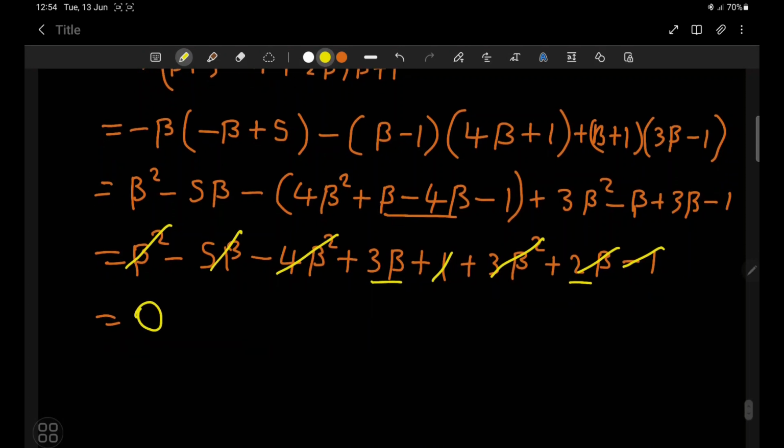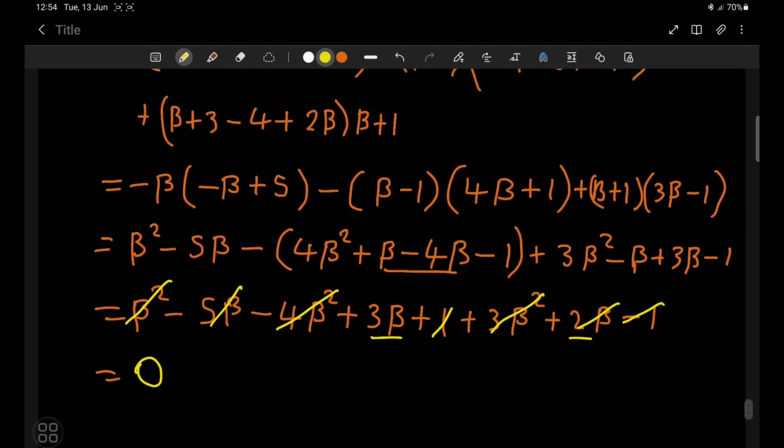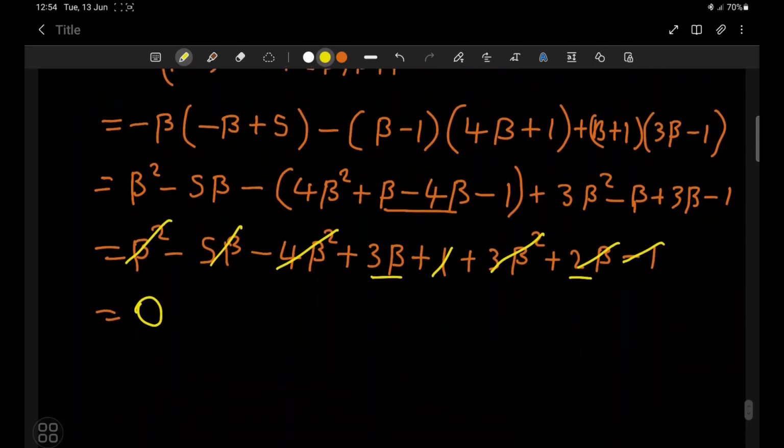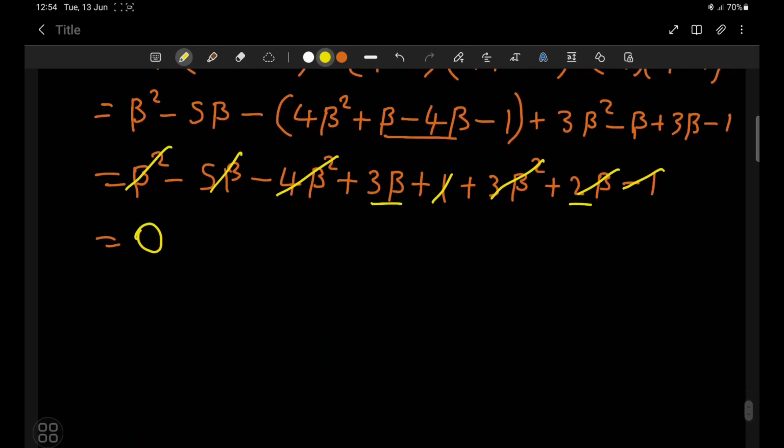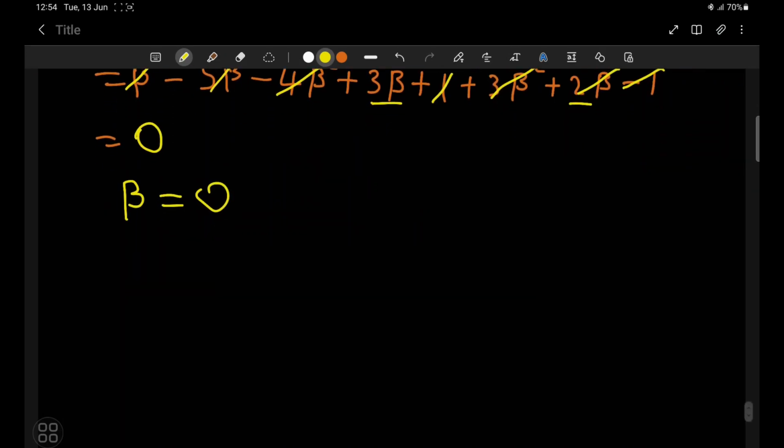So the value for beta that will make this matrix singular is when beta is equal to 0. If beta is 0, this matrix will be singular and not have an inverse.